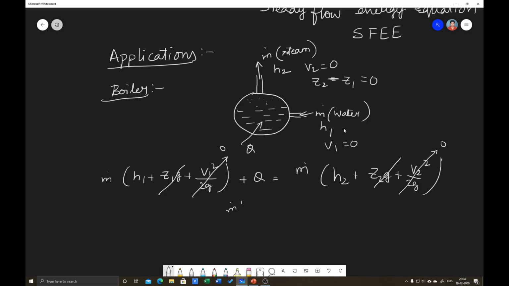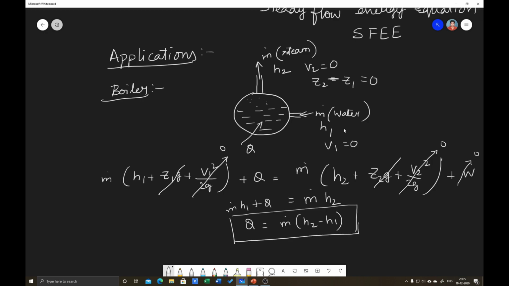So finally we get m dot into h1 plus Q is equal to m dot into h2, as there is no work, we won't get any work from a boiler. So from this Q is equal to m dot into h2 minus h1.